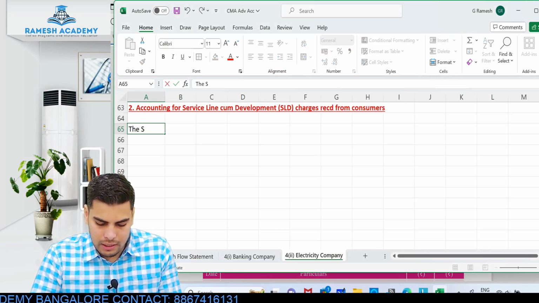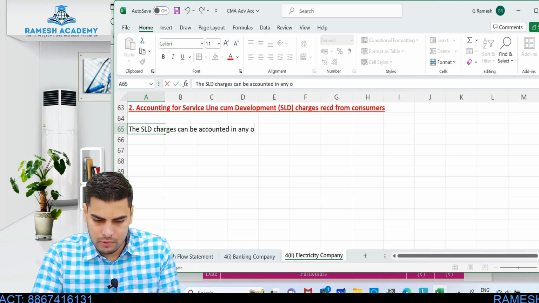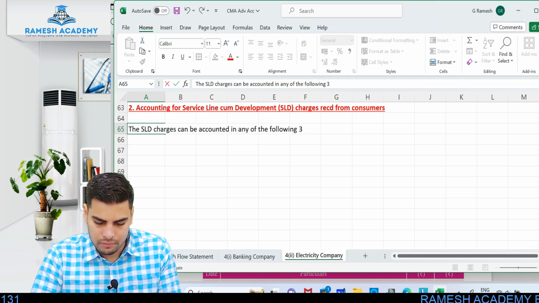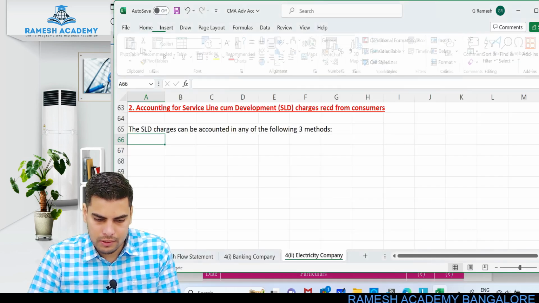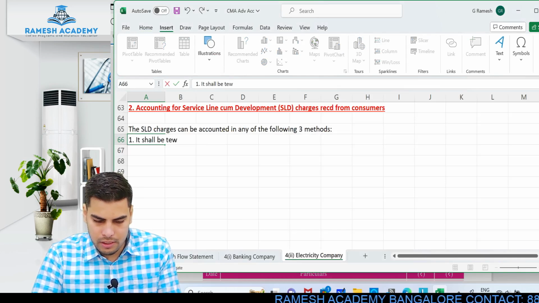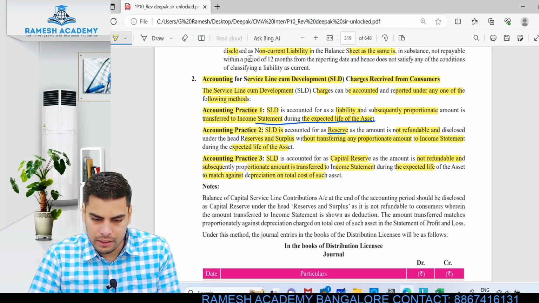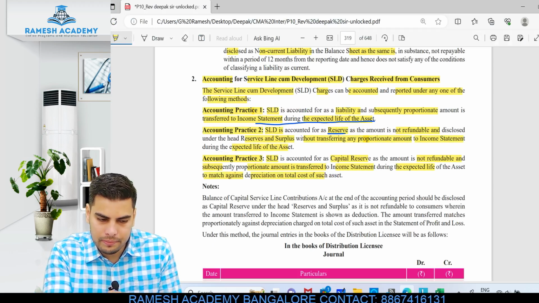The SLD, that is service line cum development charges, can be accounted in any of the following three methods. The first thing is it shall be treated as a liability.